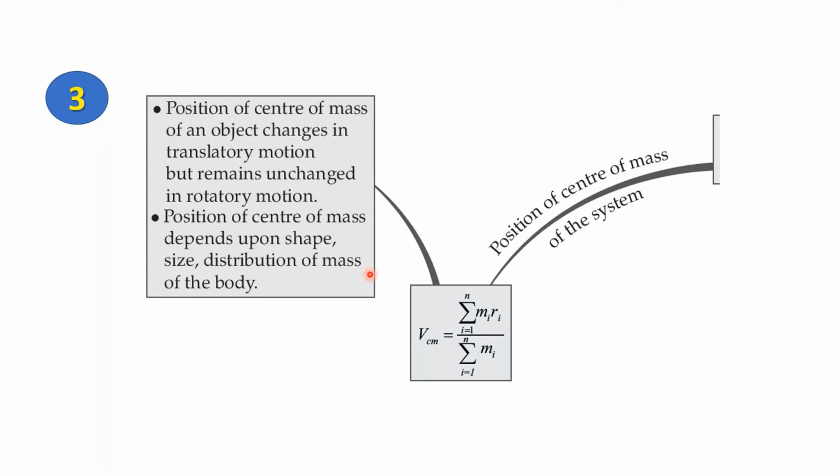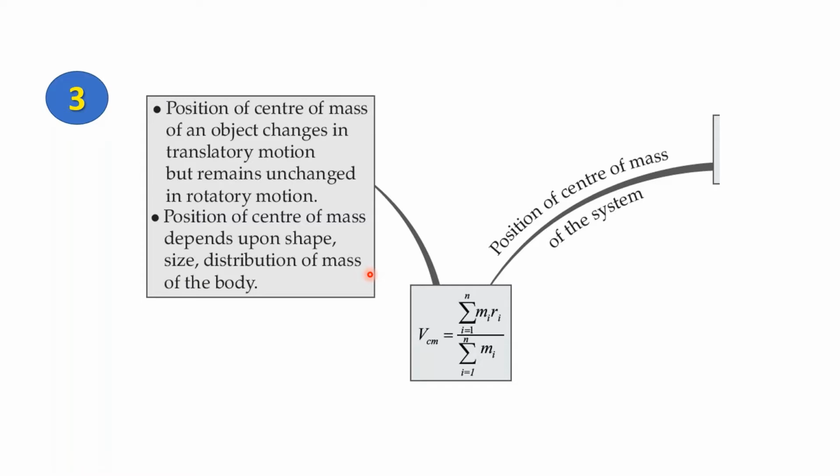It's near the area where there is more concentration of mass, but it does not need to be inside the shape. It can be outside the shape or in a place where there is no mass. For example, in a ring, the mass is in the exterior, but the center of mass will still be in the geometrical center, which does not have any mass. So these are the 2 points that you need to keep in mind.